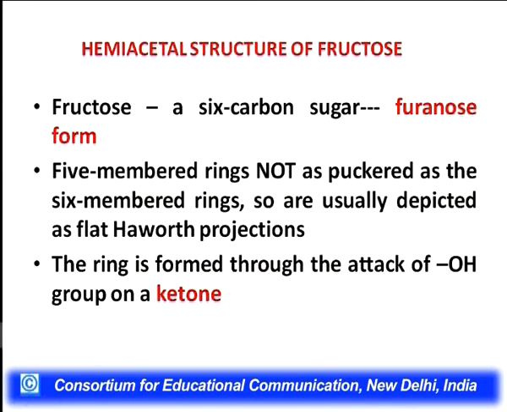Now when we talk of a hemiacetal structure for fructose, we know that fructose is a ketohexose, and in this case a hemiketal structure forms as a result. I am sorry, there is a misprint here; it should not be hemiacetal, it should be a hemiketal structure. A hemiketal structure forms due to reaction between the OH on the fifth carbon and the ketonic group at the second carbon, resulting in a 5-membered ring, which is the furanose ring.